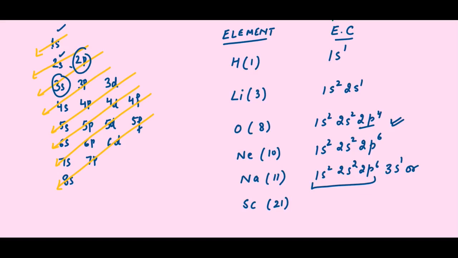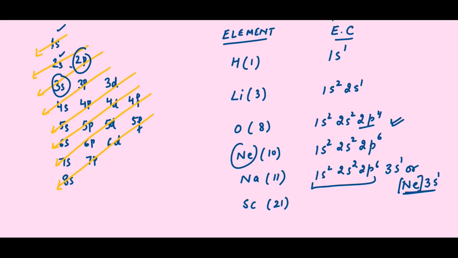For example, in the case of sodium, the nearest noble gas is neon. So you can just write neon, because neon includes the 10 electrons. Okay, so when I mention neon, that means it has included the 10 electrons, and the last electron, the 11th electron, will enter into the next orbital, that is 3s1. So this is another alternative way of doing the electronic configuration.